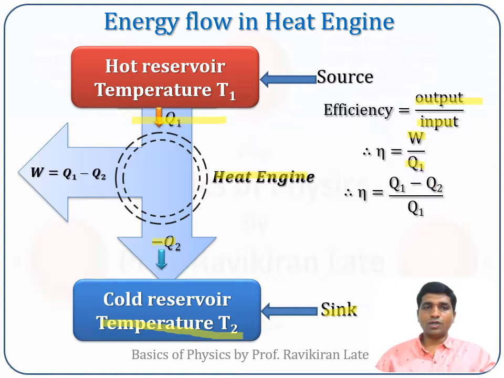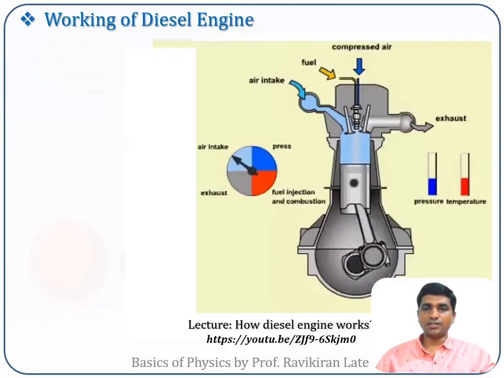We know that work done is nothing but Q1 minus Q2, that is the amount of heat given to the system minus the amount of heat rejected to the sink. So it is Q1 minus Q2 upon Q1. If you further simplify this, you will get 1 minus Q2 upon Q1. We'll be using this expression for deriving an expression for the efficiency of a diesel engine.